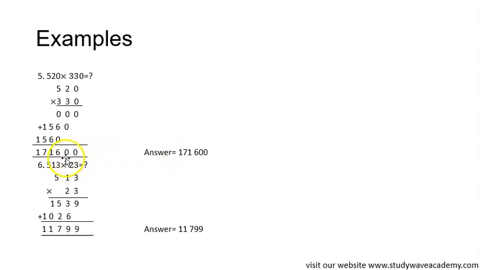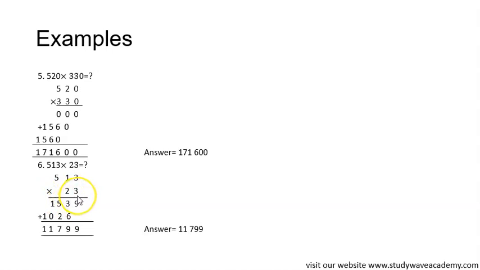Good. Another one, we have 513 times 23. What is going to be our answer? So you arrange it accordingly. 513 times 23. Okay? Ones in ones, tens in tens, hundred in hundred.